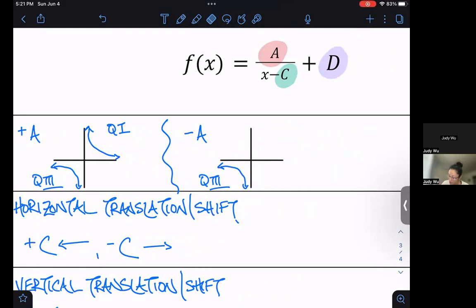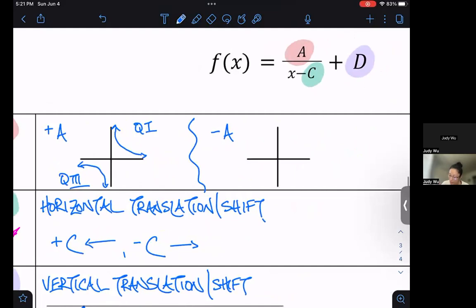We're not in quadrant 1 or 3 anymore, but the reflection will now take this one and flip it to quadrant 4. So now we're in quadrant 4, and it takes this branch and reflects it up to quadrant 2.